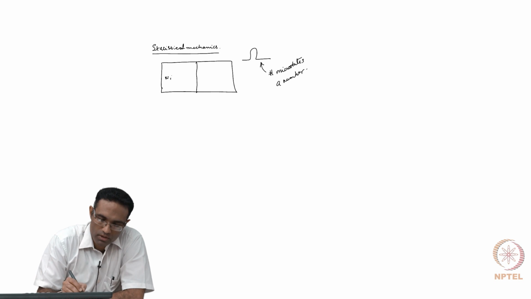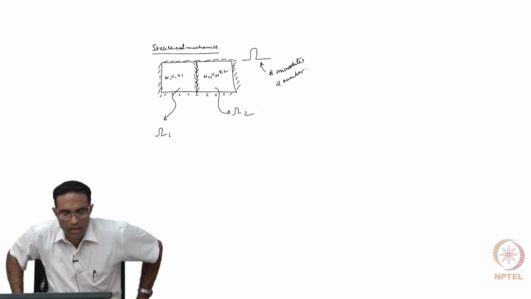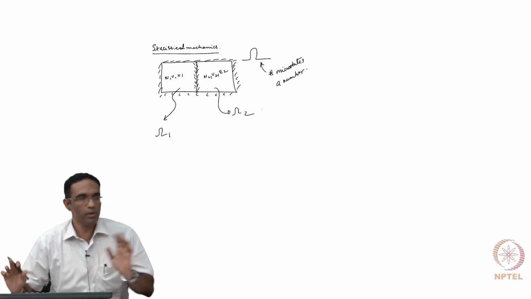So if there are two systems completely isolated from the surroundings and from each other, then they will arrange themselves at equilibrium.